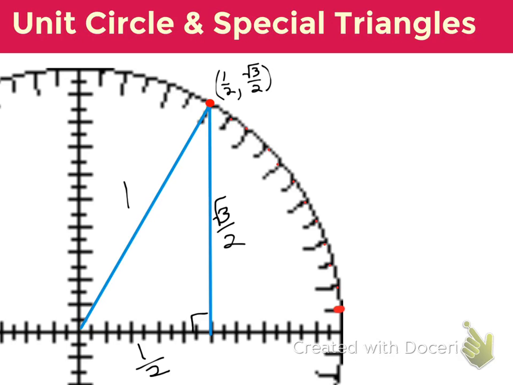Now, two really easy points to find are going to be this position right here. That's going to be to the right 1 and up 0. And make sure you swap those to get to this point right up here, due north, because that's going to be 0, 1.